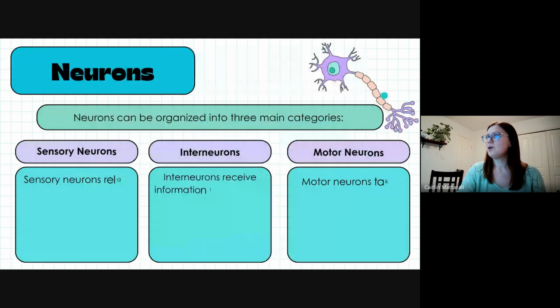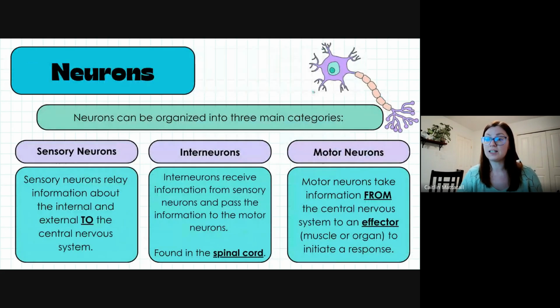All right. When we're talking about neurons, we have 3 general types. So you guys have a little chart, and I think you're just filling in the titles at the top.